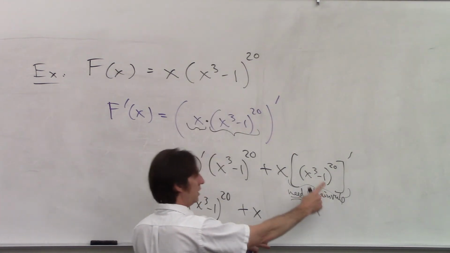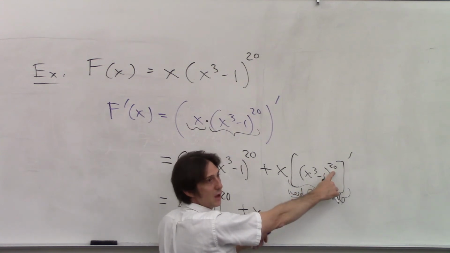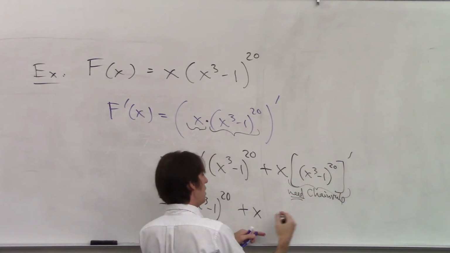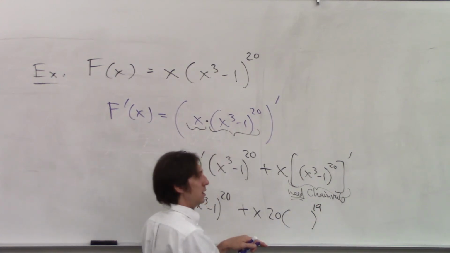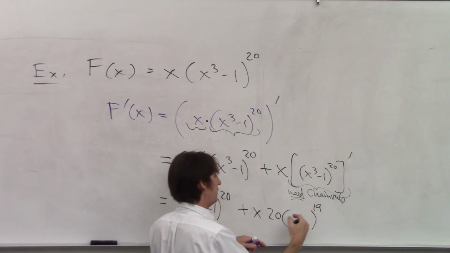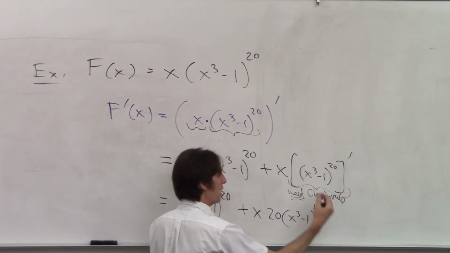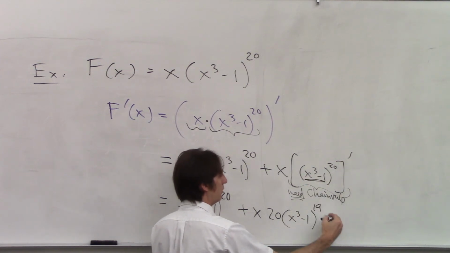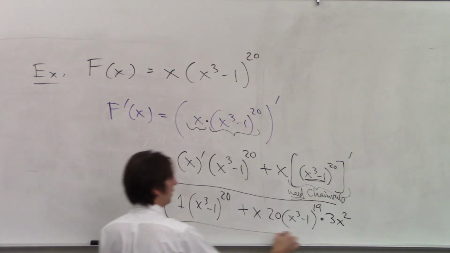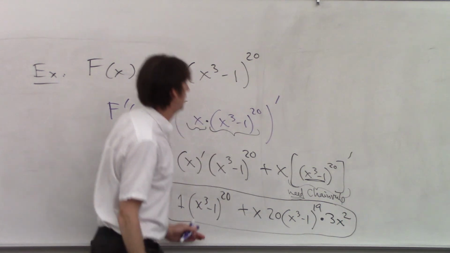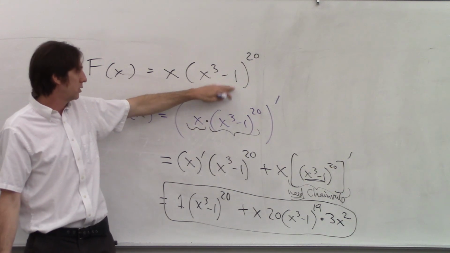For the chain rule in this term, I have to differentiate the outside function. The outside function is the 20th power function. So that 20 comes down. My new exponent is 19. The chain rule tells me to leave the inside function alone at first. And then at the end, we multiply by the derivative of the inside function. So that's 3x squared. All together, that's the derivative of x times the quantity x cubed minus 1 to the 20th power.